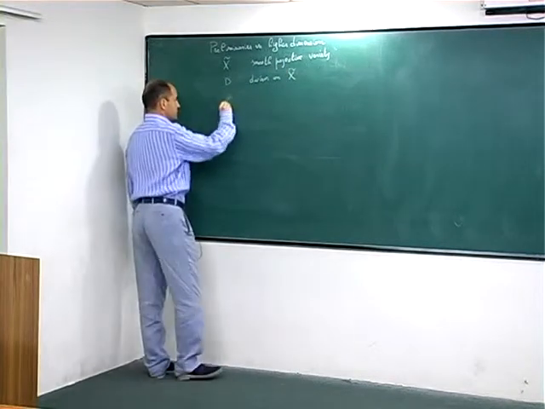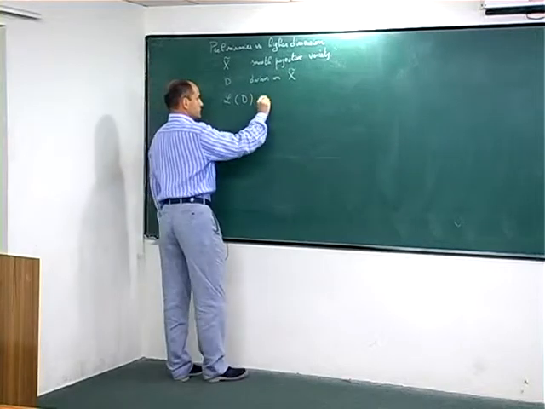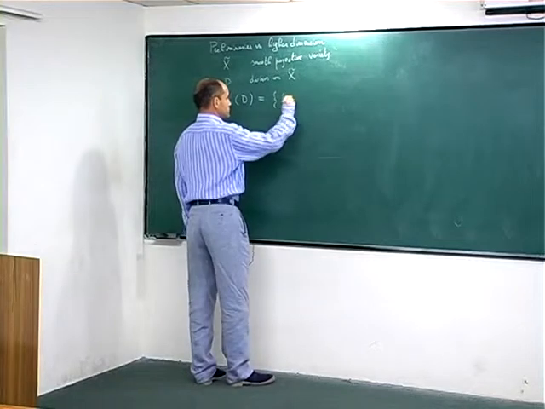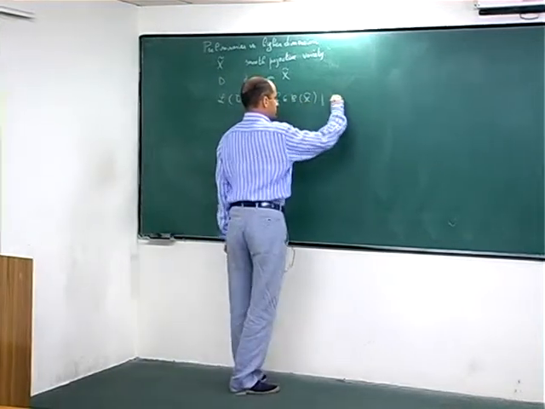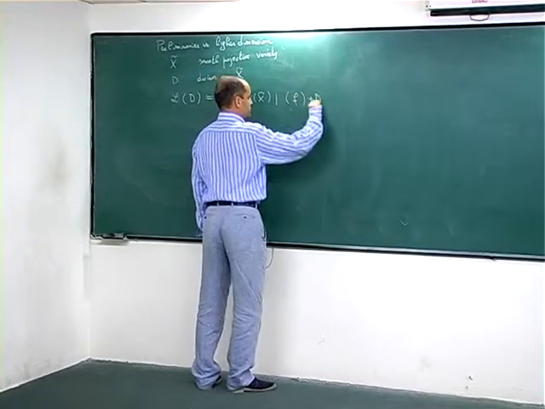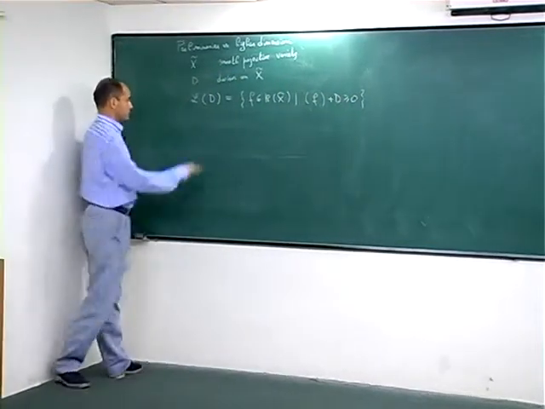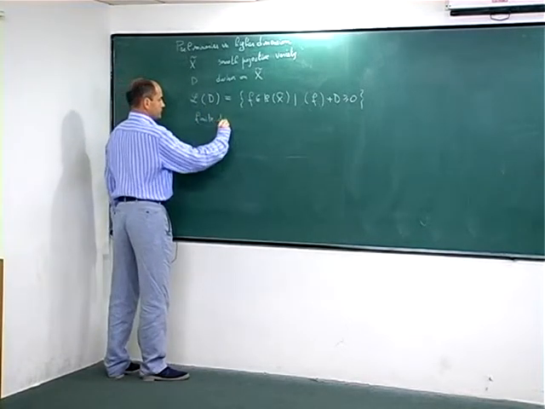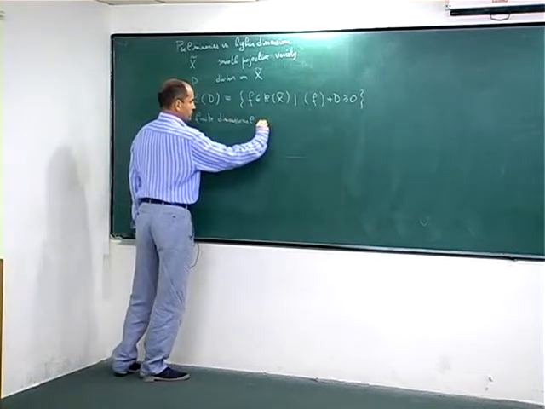As in the one-dimensional case, let L of D be the set of rational functions f such that the divisor of f plus D is non-negative. This is a finite dimensional vector space.